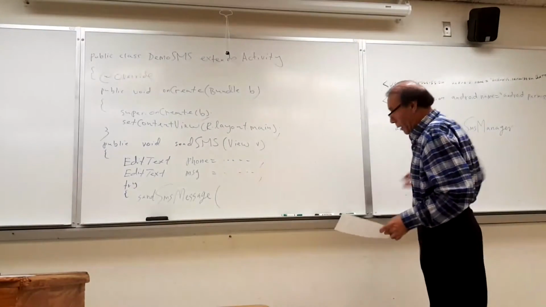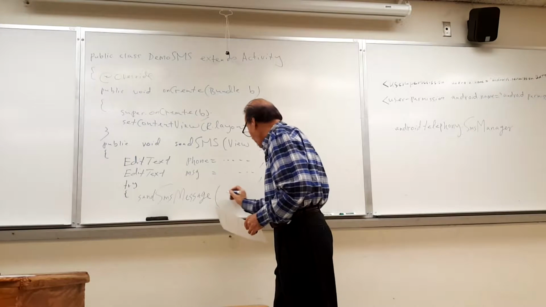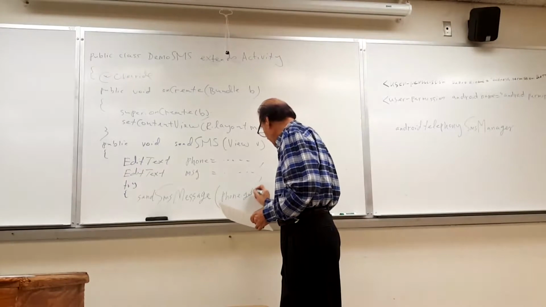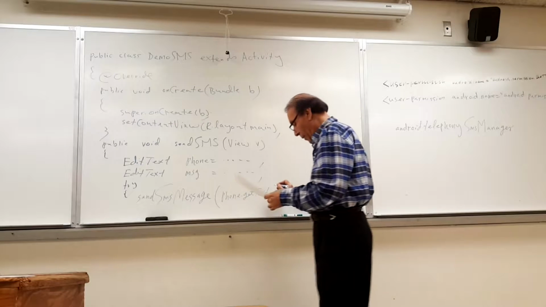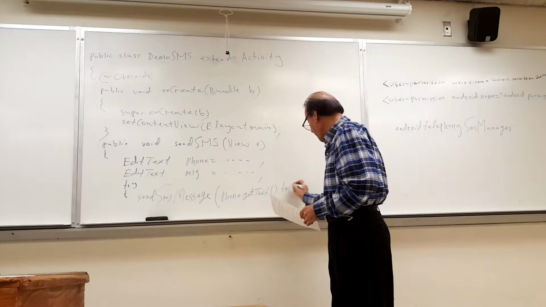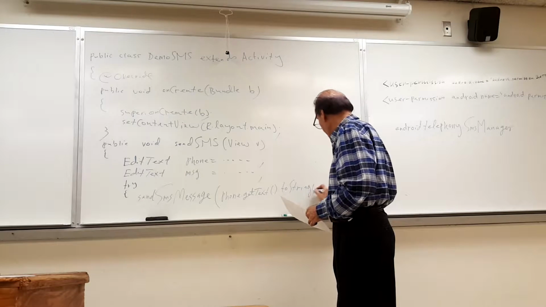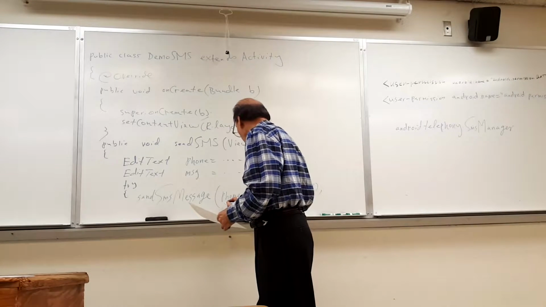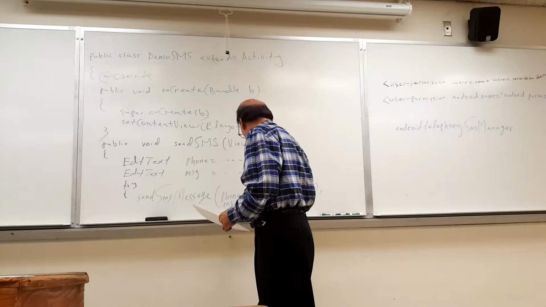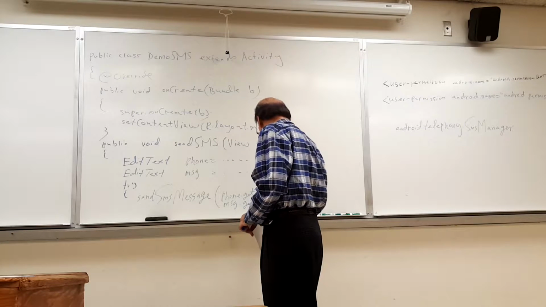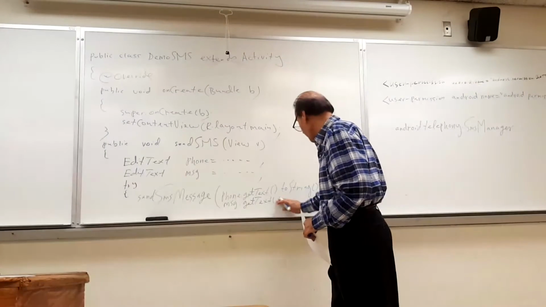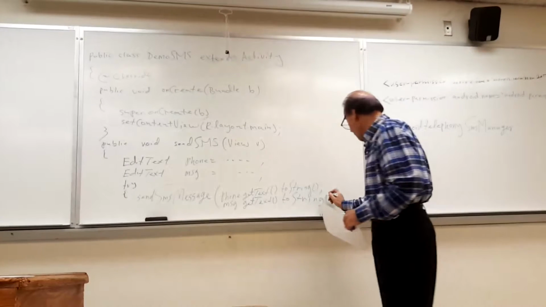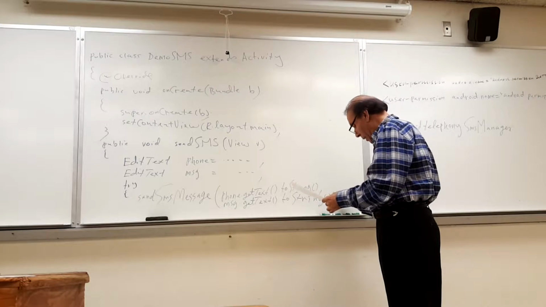I'm going to write down phone.getText().toString(), because it should be a string, comma. Underneath of it, I'm going to put msg.getText().toString(), with parentheses.